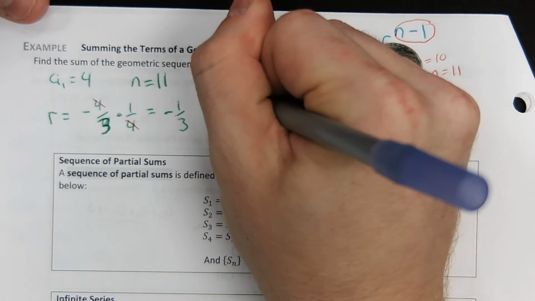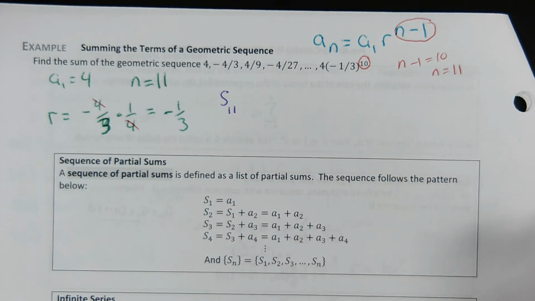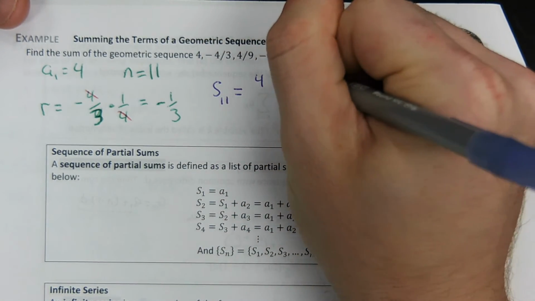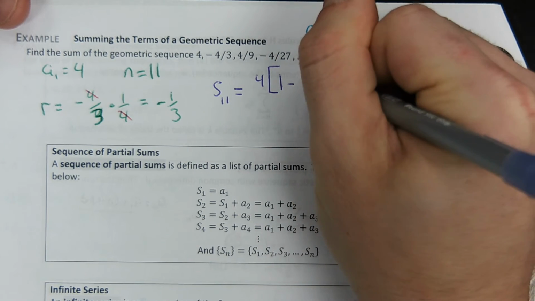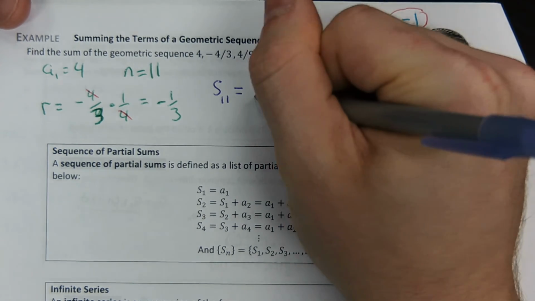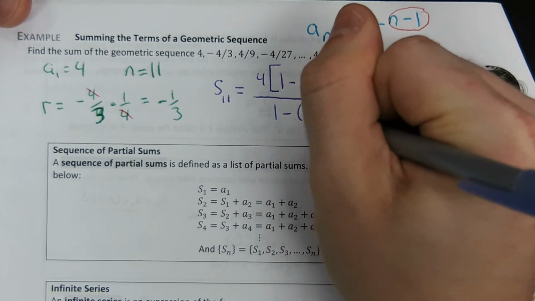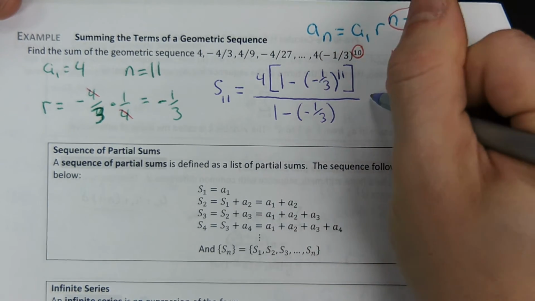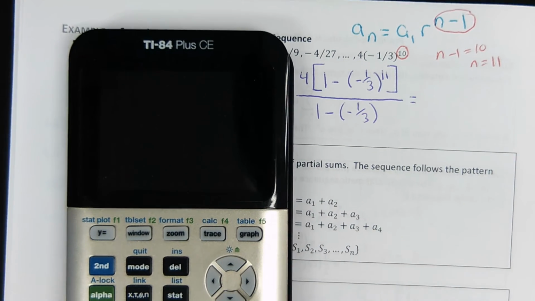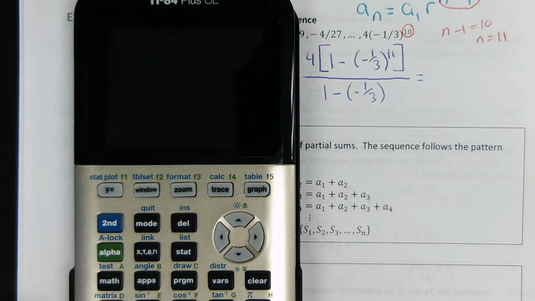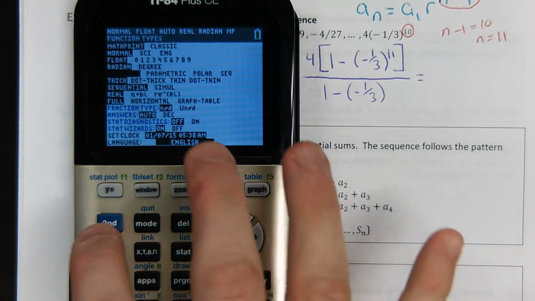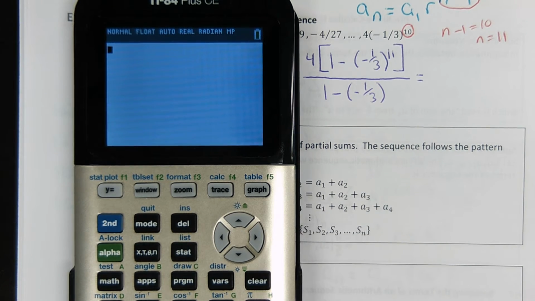Let us find s sub 11 for this geometric sequence. We have the first term times 1 minus r to the 11th, divided by 1 minus negative 1/3. We grab the handy dandy calculator. One of the reasons why I like to use the graphing calculator is because it can do stacked fractions.